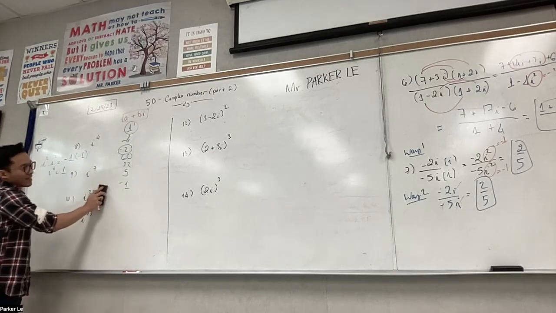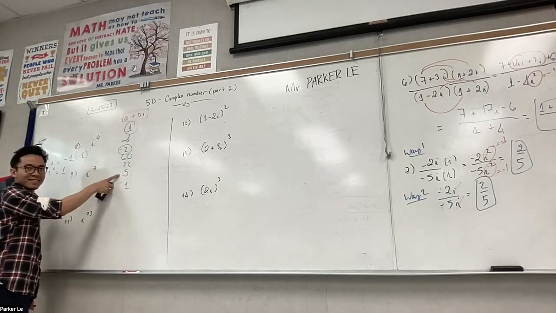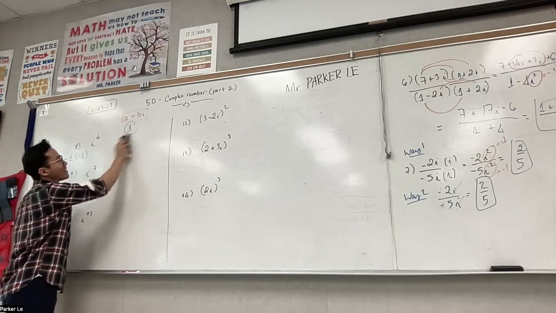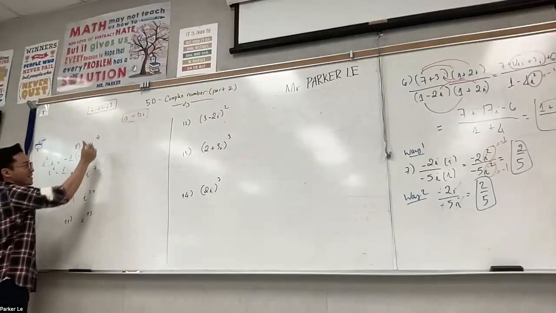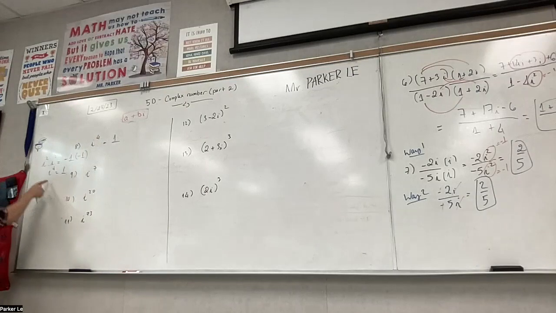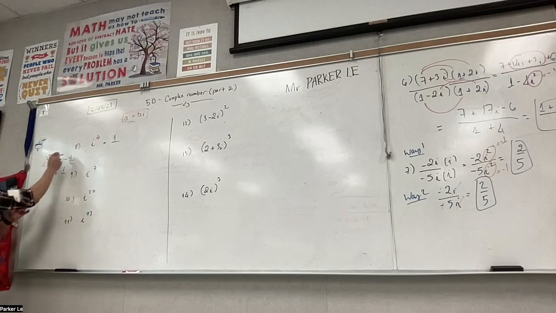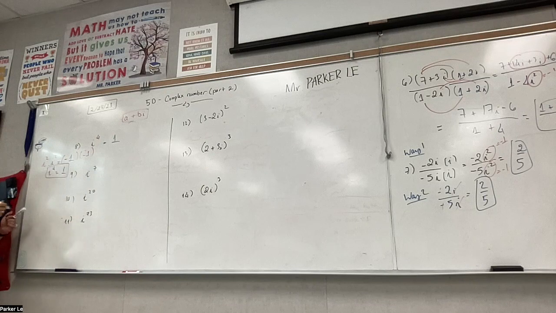I said one. It is one. The proof is here. i squared is negative 1, so multiply by i squared, that's why we multiply by negative 1. So i to the 4th is 1.